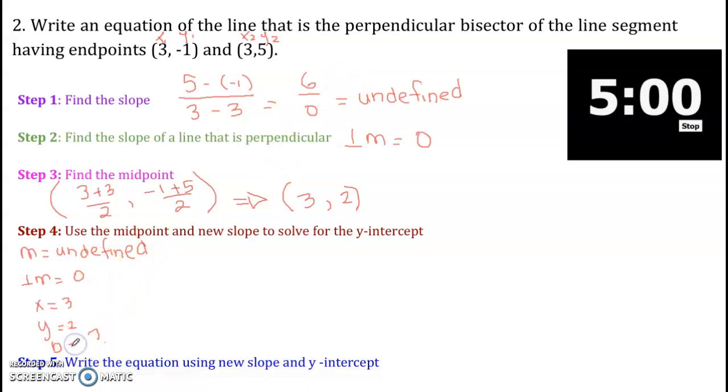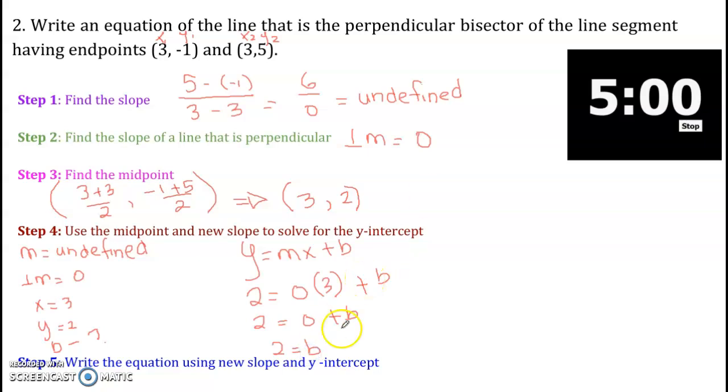Then we're going to go ahead and solve. So we get y equals mx plus b. This will be 2 equals 0 times 3 plus b. This becomes 2 equals 0 plus b. Your b is actually 2.